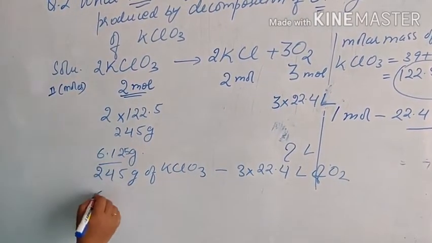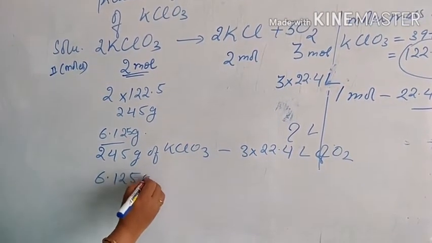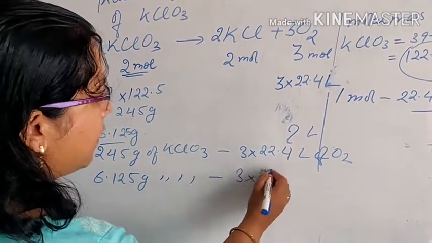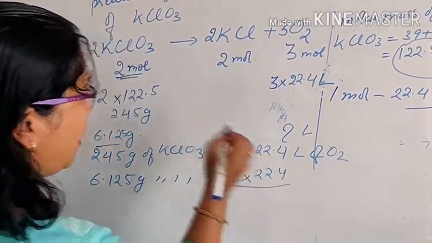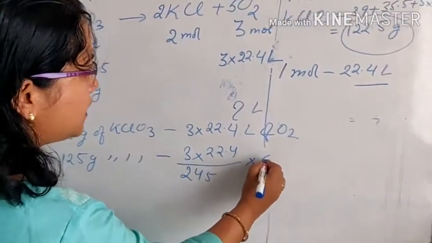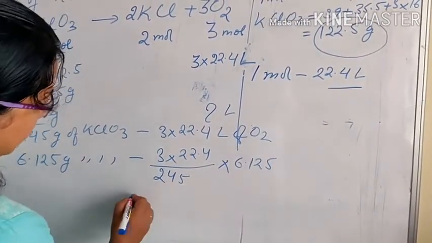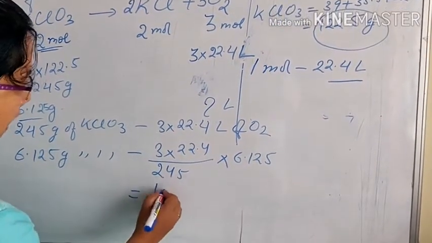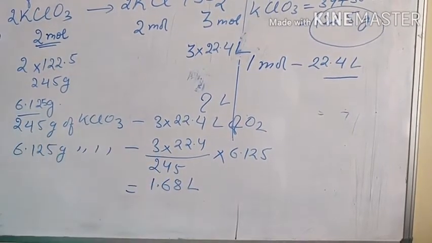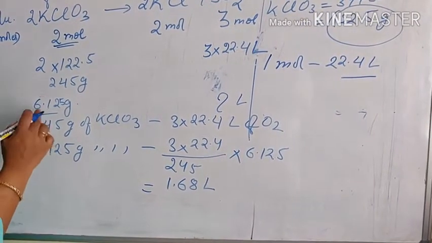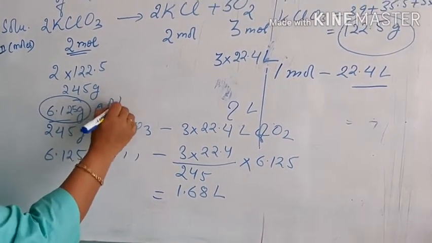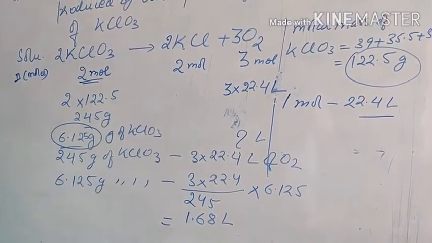It means 6.125 gram of KClO3 will produce 3 into 22.4 upon 245 into 6.125, which on calculating is 1.68 liter. So 1.68 liter of oxygen gas is produced by 6.125 gram of KClO3.